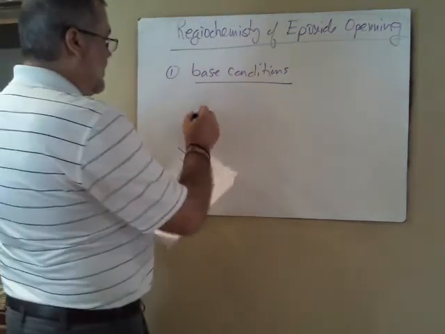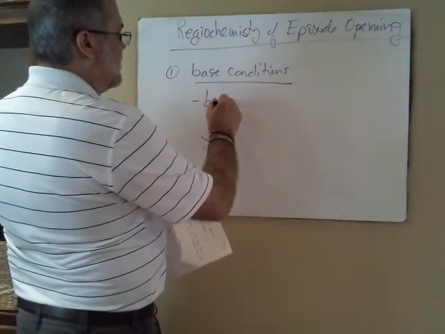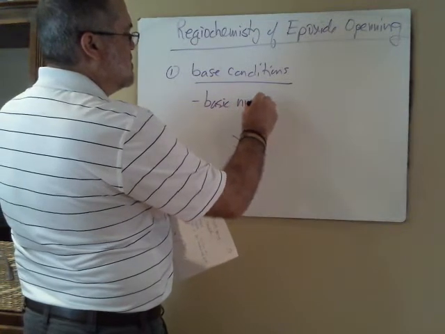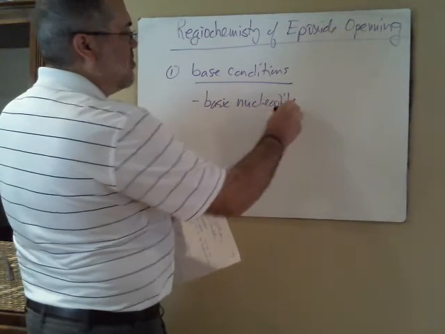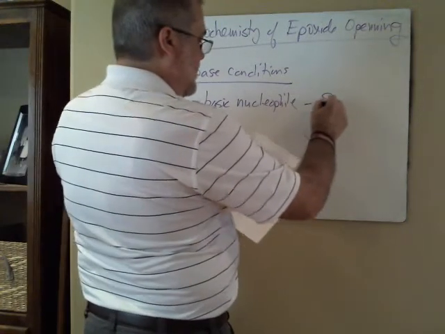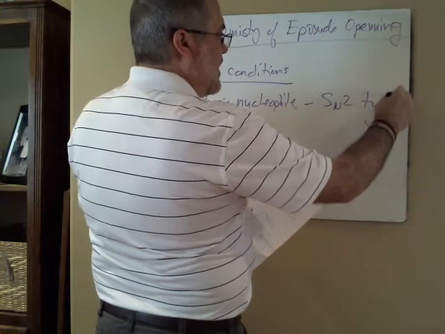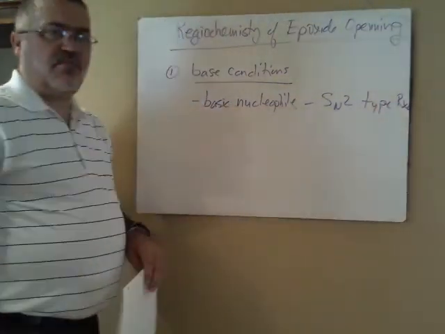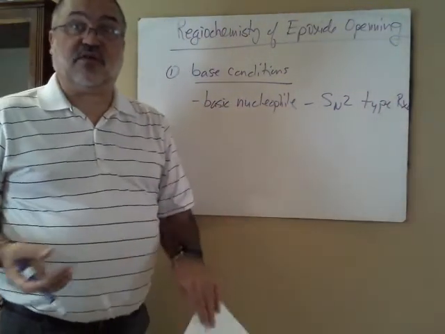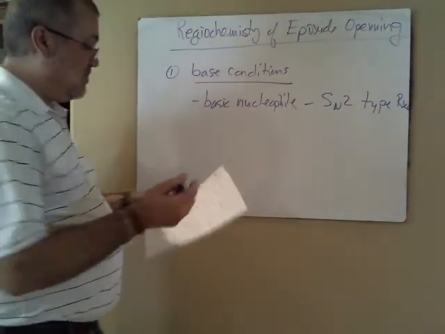Okay, if that's the case, you have a basic nucleophile that is doing the opening, and it's then simply an SN2 type reaction. So it's governed by the same conditions and characteristics that we've talked about with SN2.